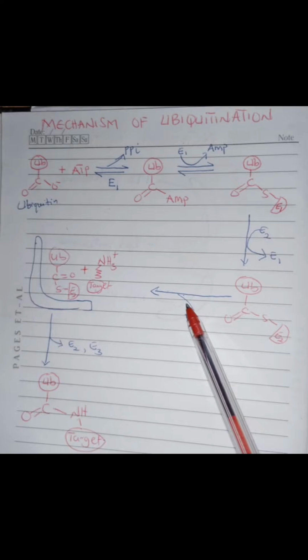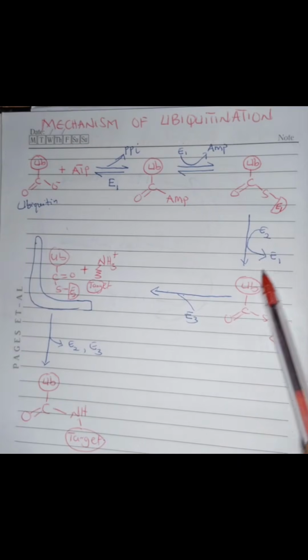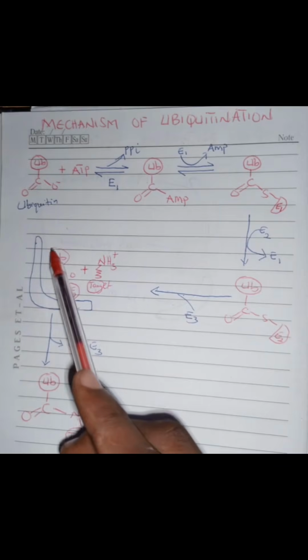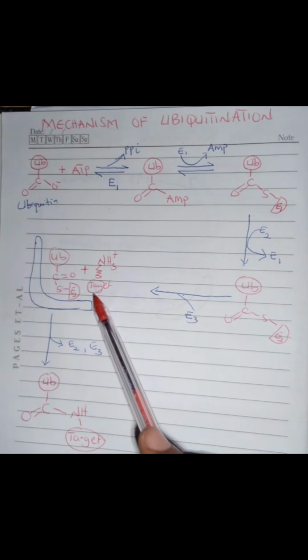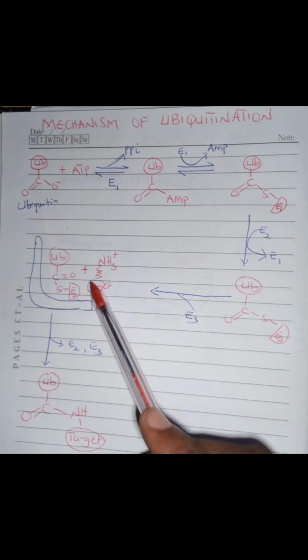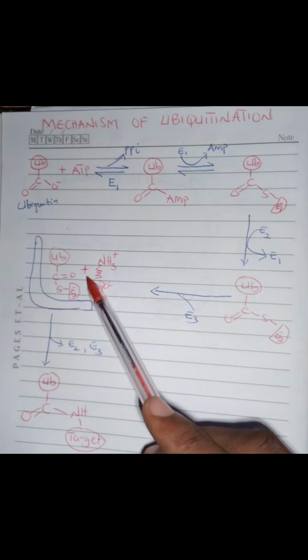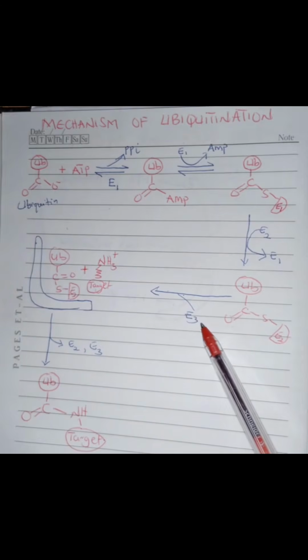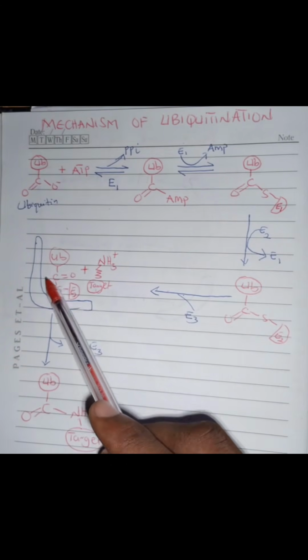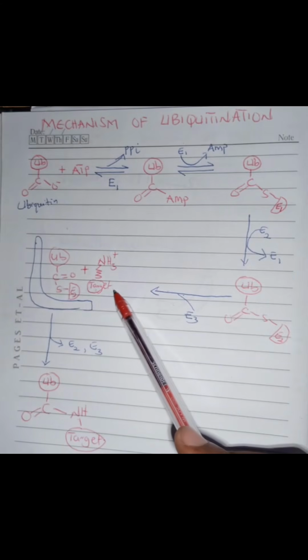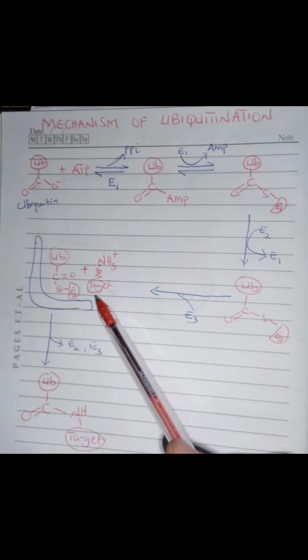E3 carries the whole of this complex to the target protein, the protein that is meant for destruction, the defective protein. So E3, which is the ubiquitin ligase enzyme, carries this complex to the defective protein.